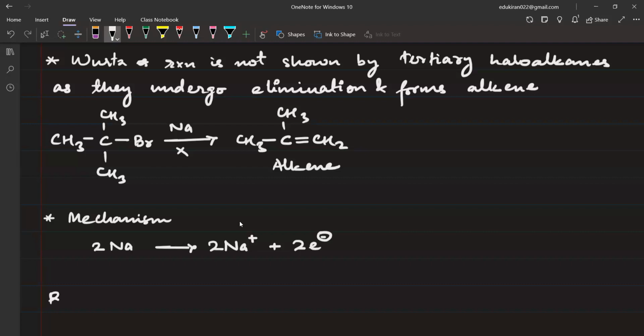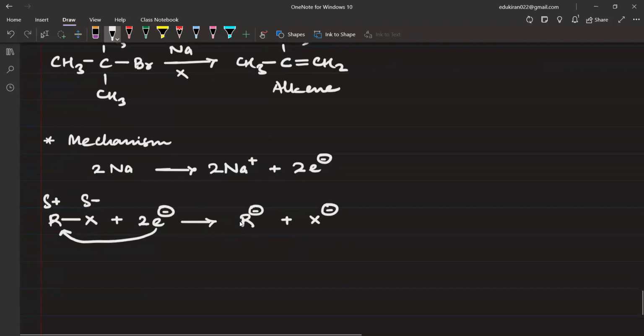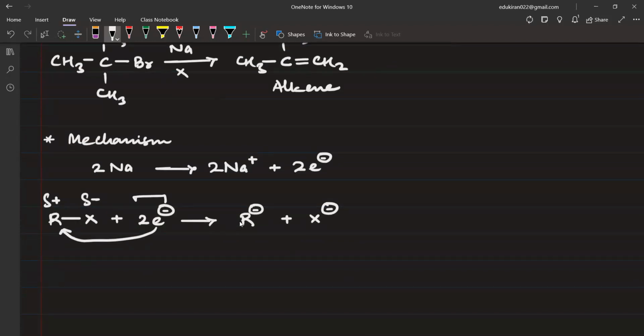Then we have RX haloalkane, with delta positive on carbon and delta negative on halogen, plus the two electrons. These two electrons attack R and give R negative plus X negative, because the electrons are going there. Here we have 2 minus charge, and here 1 minus and 1 minus, so the charges are balanced.